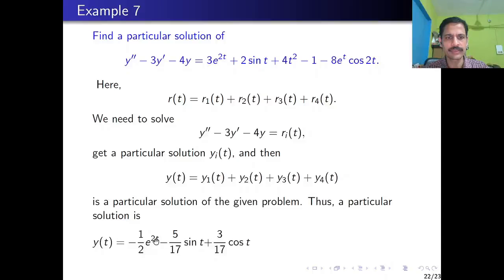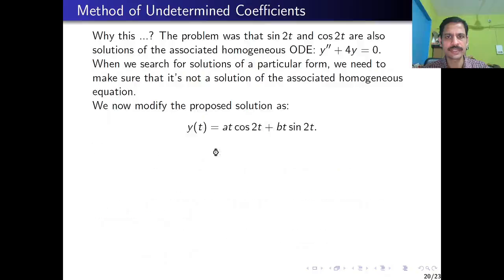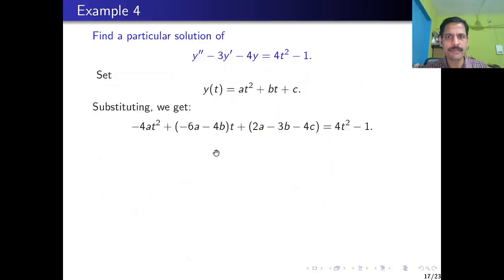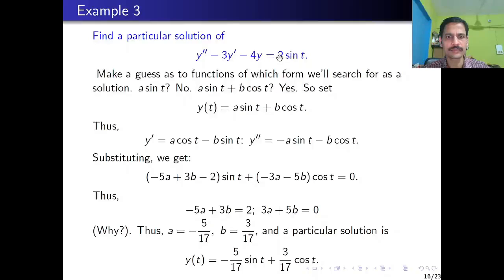Similarly, the term 2 sin t also appeared in the previous slides, and the particular solution minus 5 by 17 sin t plus 3 by 17 cos t, we use it.